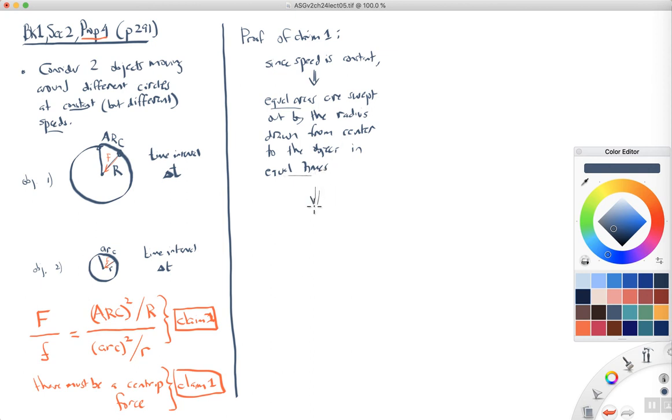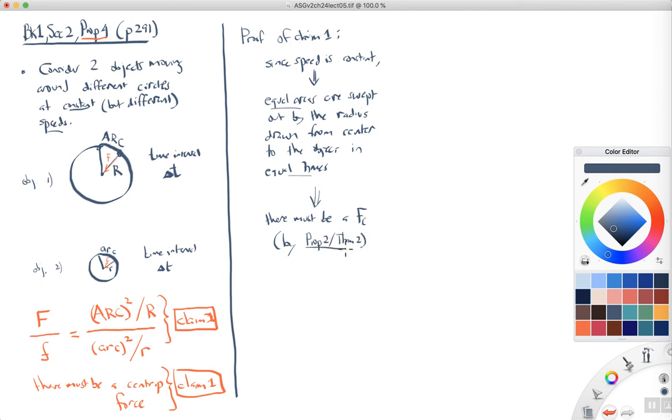and then we know immediately there must be a centripetal force. We know this by the proposition that we proved in our last lecture, proposition 2 or theorem 2.